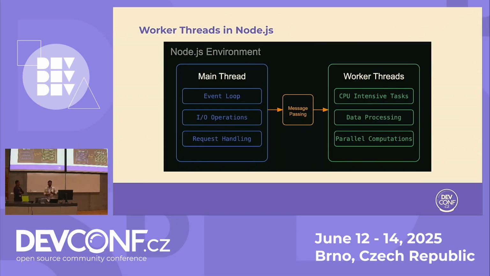You could achieve a kind of multi-threading to some extent with cluster and child processes, but if you need more granular multi-threading in Node.js, this is where worker threads come into the picture. This is for very high CPU intensive computation and tasks. It is one of the best ways to handle parallel operations in Node.js, and it's good for multi-threading as well as parallel computation.